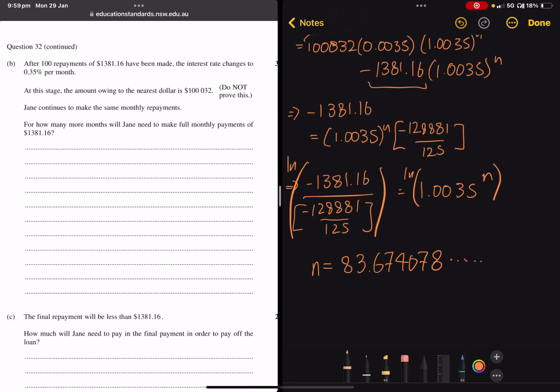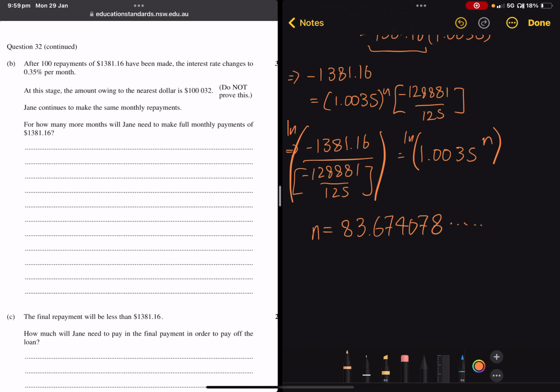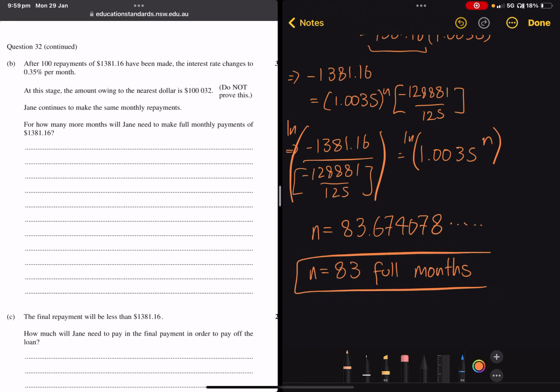My calculator tells me this is 83.674078... So how many more months will Jane need to make full monthly payments of $1,381.16? She will have to pay 83 full months, and then one partial month.